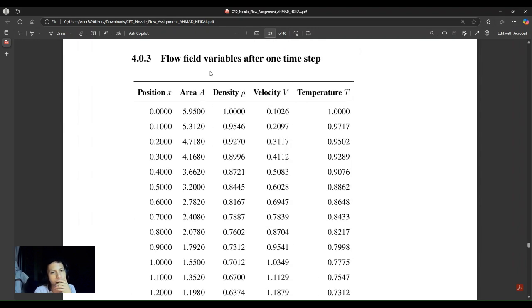So this is the flow-field variables after one time step, where I computed it by using MATLAB, where the MATLAB coding will be attached at the end of this report.